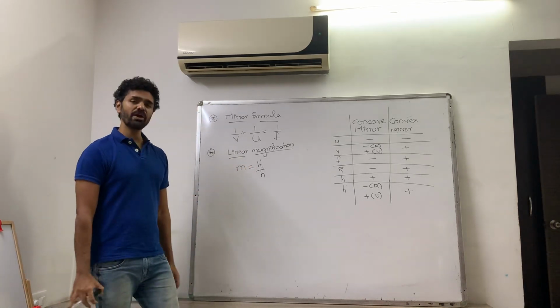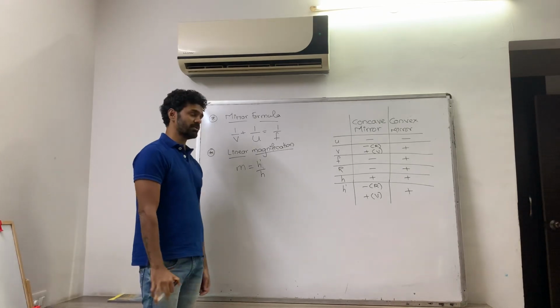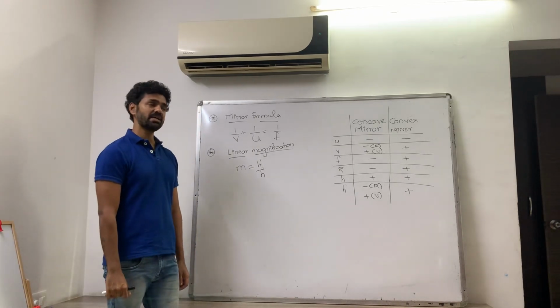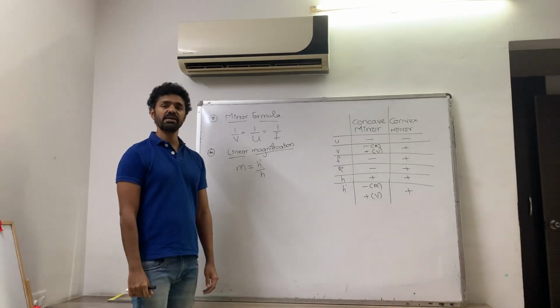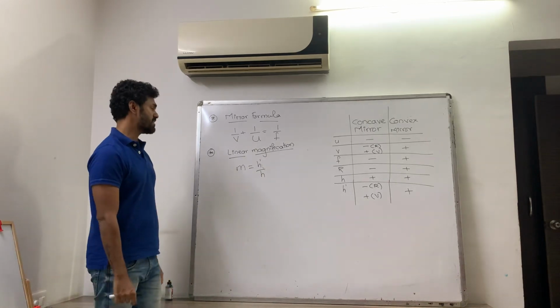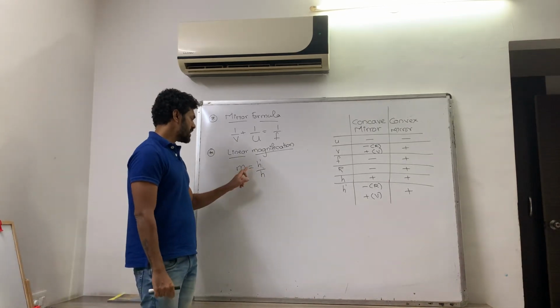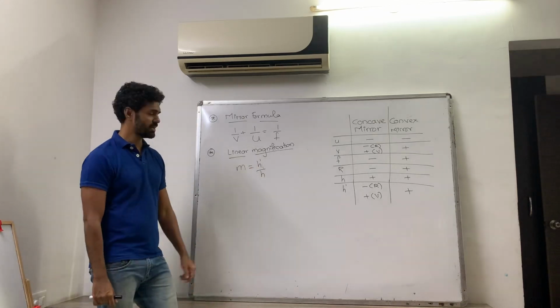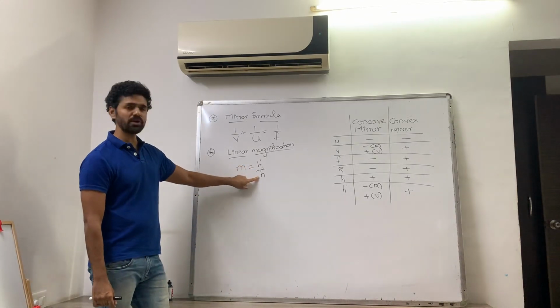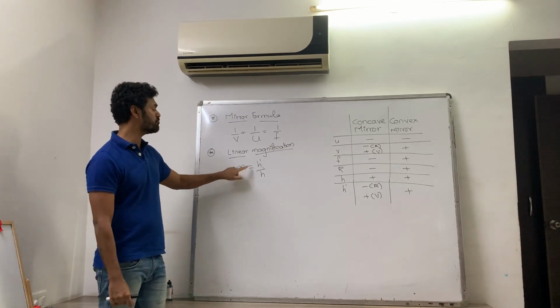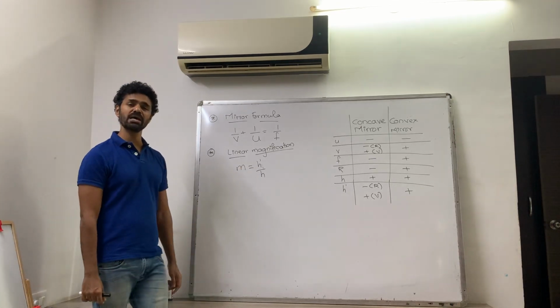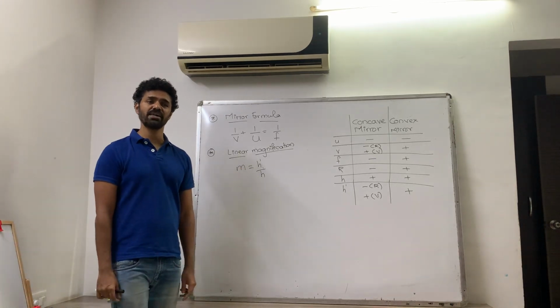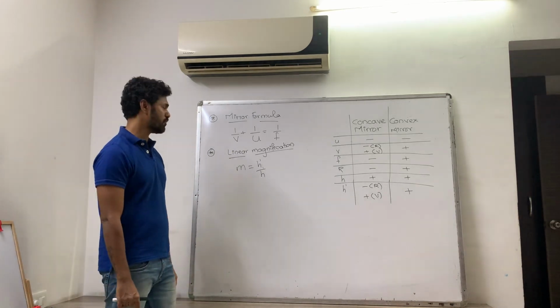From the value of m, we can infer whether the image is a magnified image, a diminished image or of the same size. If height of image is equal to height of object, the value of m would be 1. So what does m equals 1 signify? It signifies that the height of image equals the height of object.